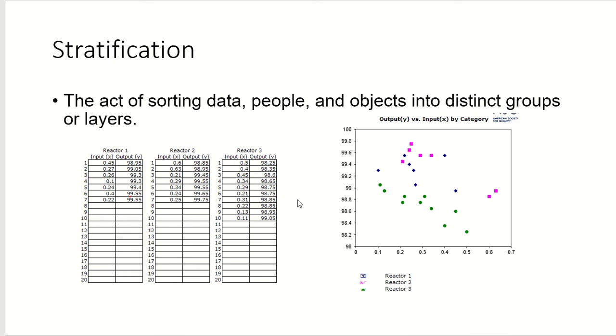Makikita natin na reactor 1 and 2 have a higher output for the same amount of input than reactor 3. For the same input, the X value, tignan mo yung output ng reactor 2 and reactor 1. Mas mataas kumpara sa reactor 3.